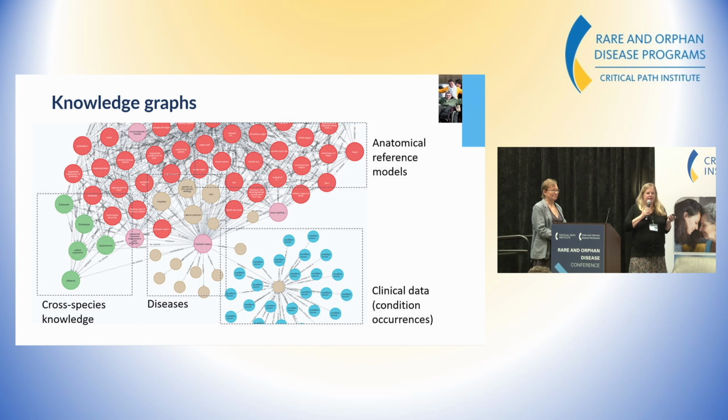We can also integrate individual patient data into the knowledge graph, which allows us to query across this data and derive new information and answer questions about this data. So we're hoping that we can add value to individual patients and people living with rare diseases by integrating this patient data into a knowledge graph and enabling querying across this data.